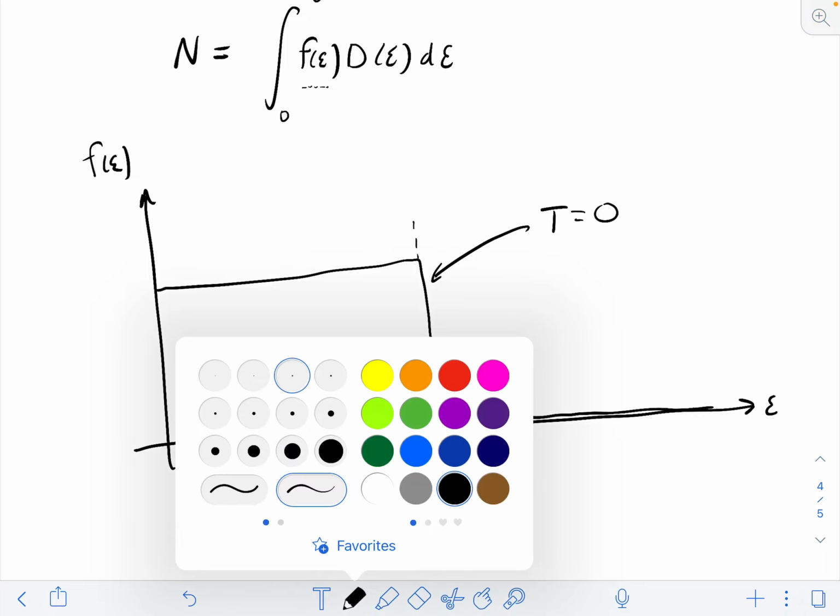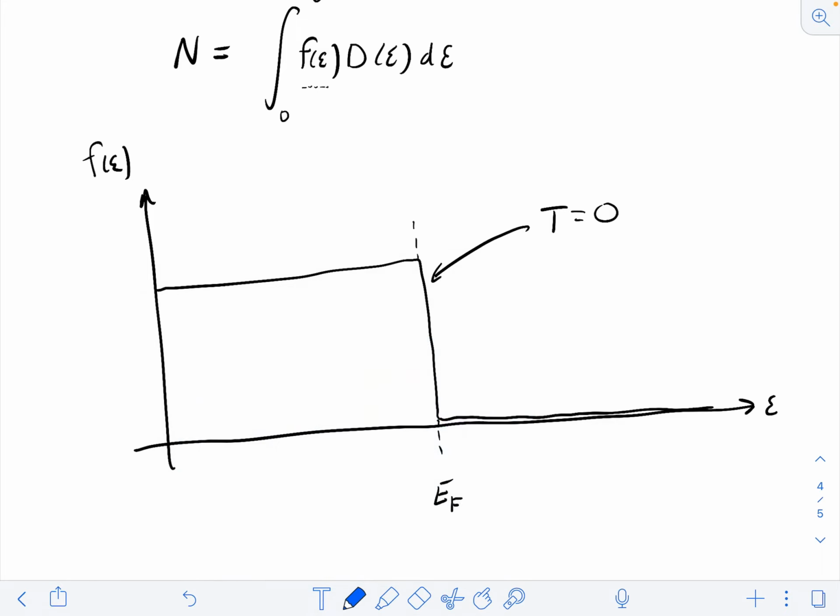And then you could raise the temperature a little bit. When you raise the temperature a little bit, you end up taking the sharp step and blurring that sharp step out a little bit.